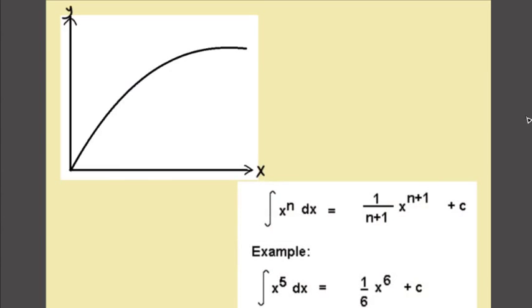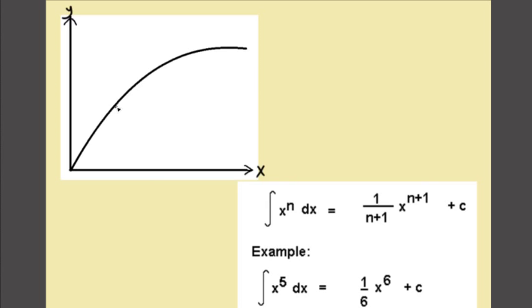In this video we will learn how to integrate. So let's begin by understanding what we're doing when we integrate. Okay, so when we integrate a function, what we are essentially doing is finding the area underneath the curve that function makes.